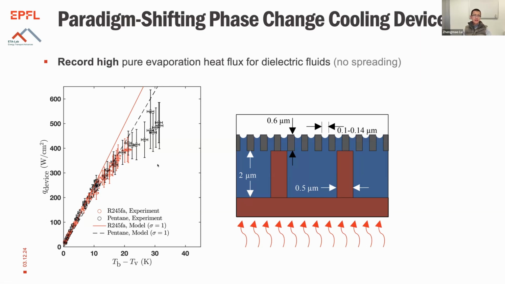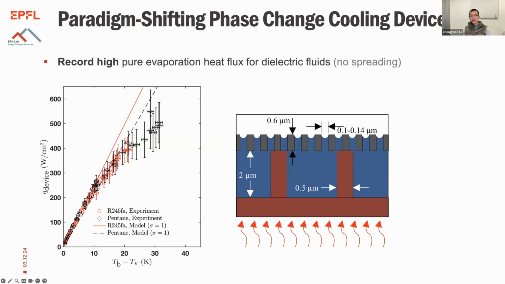What I want to highlight is that these data points, around 500 to 600 watts per centimeter squared, still represent, to my knowledge, the highest pure evaporation heat flux for dielectric liquids without spreading. To us, this was very exciting because it was the first time such a high heat flux was achieved with just evaporation for those types of liquids.